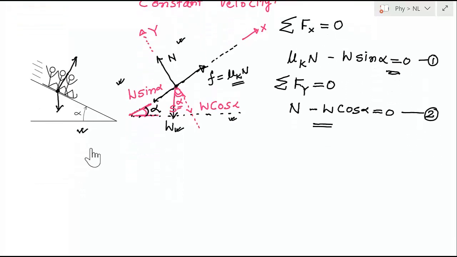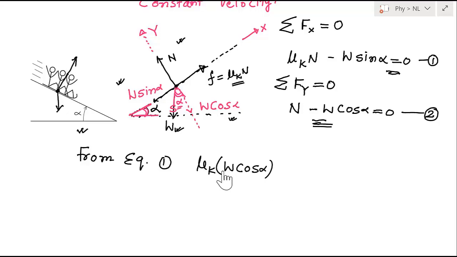So from equation 1 we can write mu k times N, and N will come from this equation, that is nothing but W cos alpha. So mu k times N minus W sin alpha equals 0. From here I can calculate alpha.